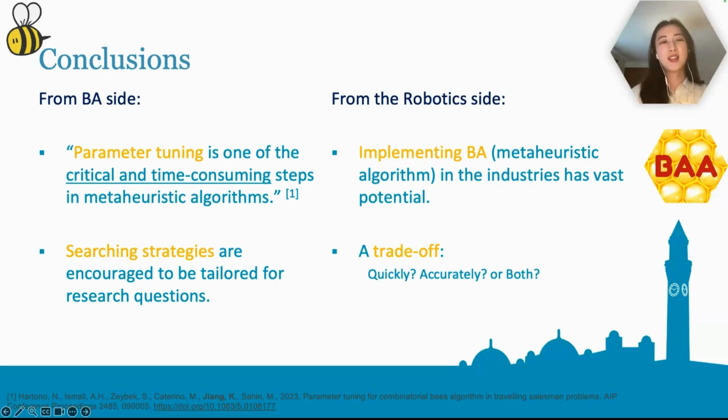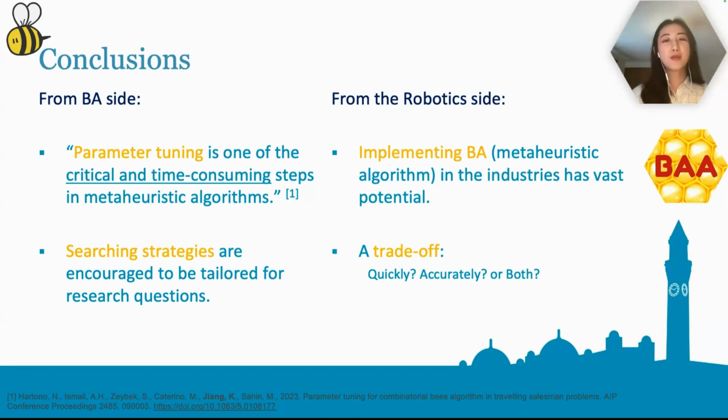I borrowed this sentence from Natalia, who also participated in this parameter tuning work for solving the traveling salesman problem, which is another combinatorial problem. So if you are interested, please feel free to read it after this event.